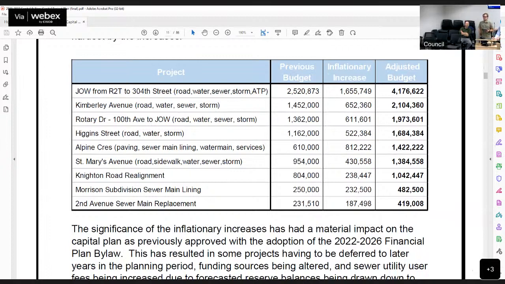So some of those projects, we're seeing a lot higher increases in some of the materials than others. And with quite a bit of sewer in that area, that's why Alpine Crescent in particular has increased that much. That answers that question. I appreciate that. It was the only thing I saw in there that was a discrepancy between the two. So yeah, appreciate that.